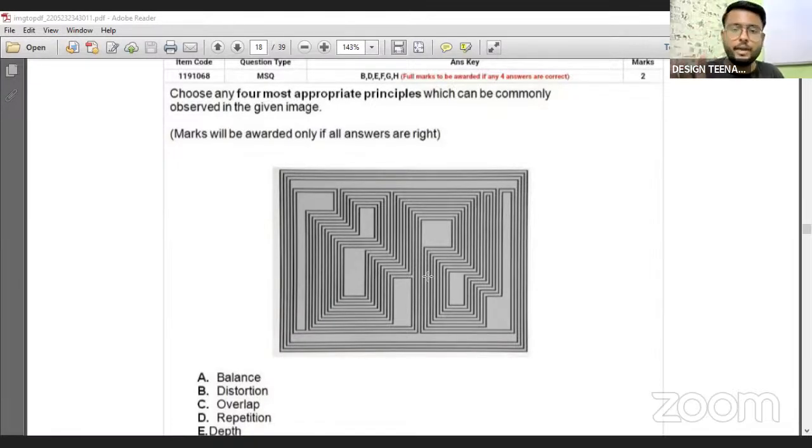I just told it the other way around. I'm really sorry for the same. So over here, there is no balance being maintained. Just have a look at it. The orientation of these figures is not in accordance with each other. There is not a particular pattern being followed. Hence, there is a sense of distortion. But we are not very clear about distortion, so let's see what the other things are.